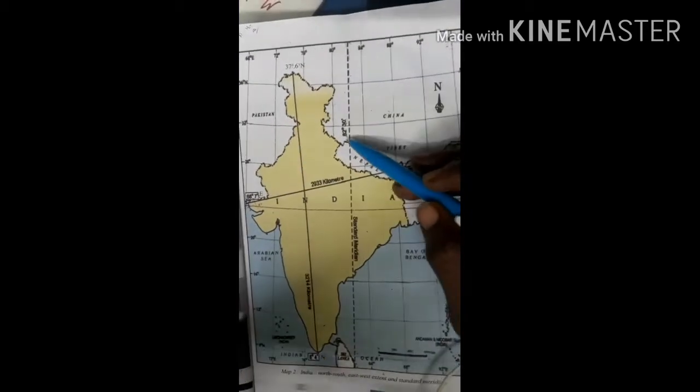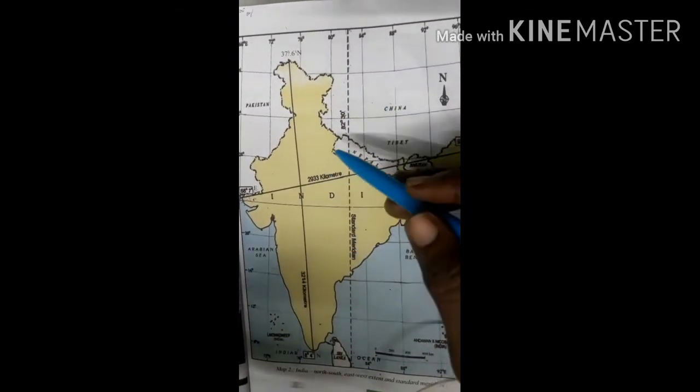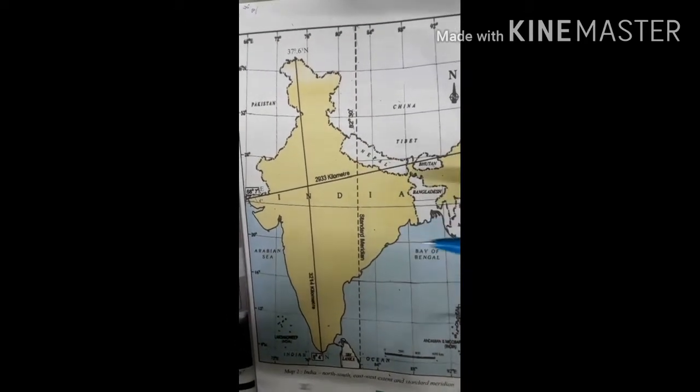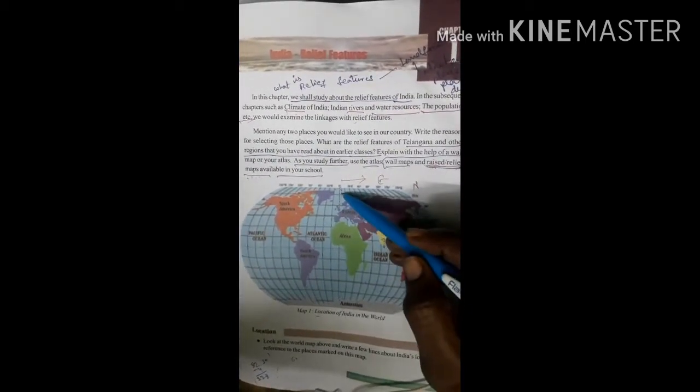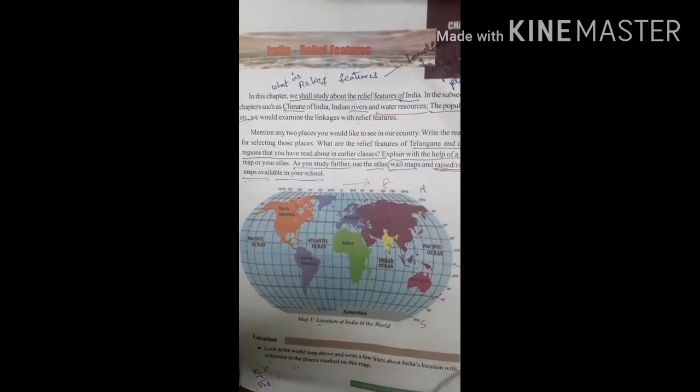You know, the 82 degrees 30 minutes longitude is the Indian standard meridian, the IST line. Then what is the world standard meridian? The 0 degree longitude is the world standard meridian, called GMT, Greenwich Mean Time.